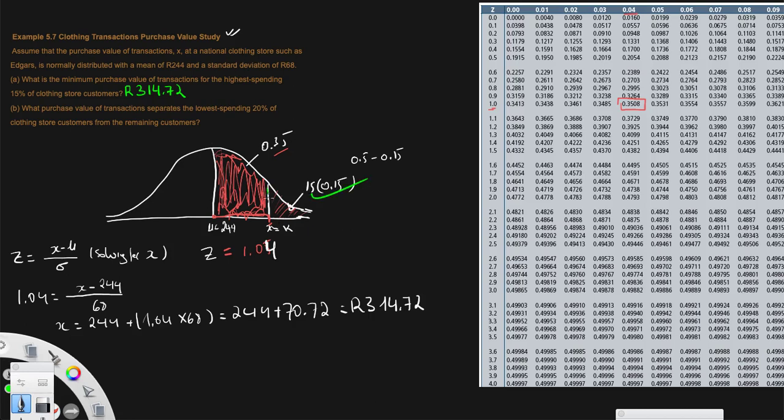So if this is our limit, what we've just found here, we had a z of 1.04, which translates to this x of 314.72. As you can see, this is the 15%, and this is the minimum amount that these guys can spend.